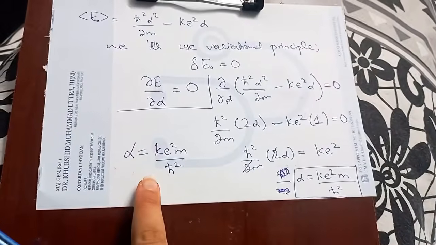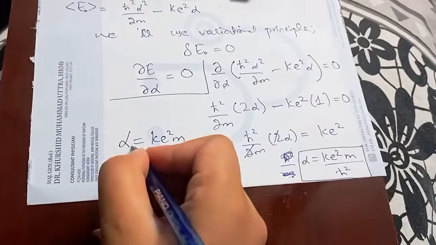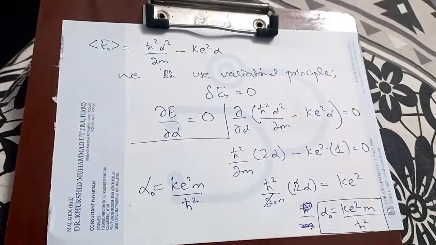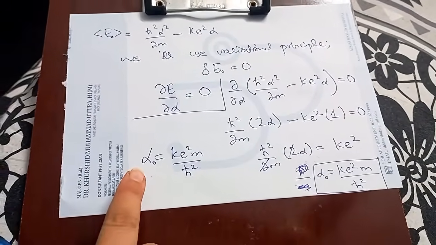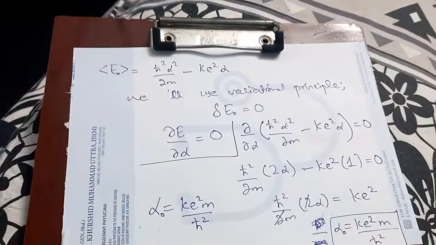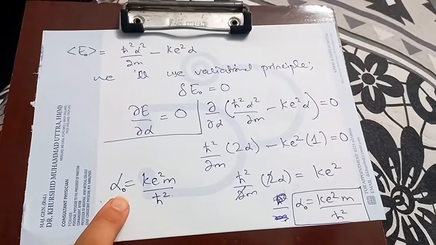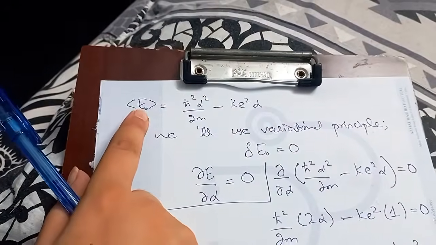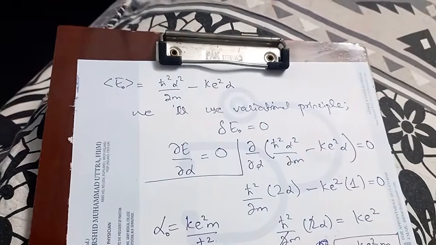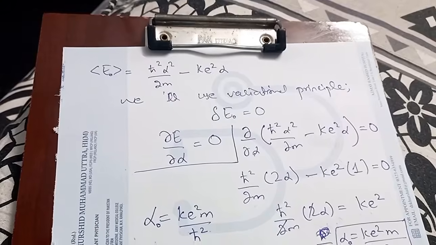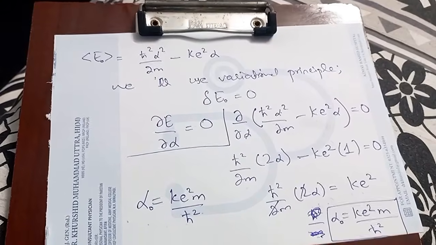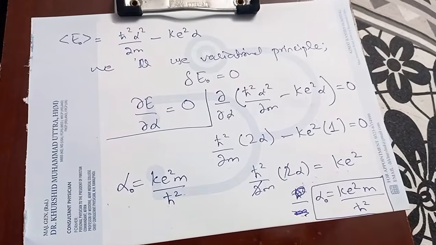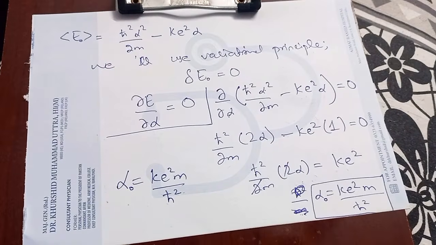Now to get the ground state energy, this is the value of alpha naught, we can say, where the E is minimum. This is the value of alpha where E is minimum. So I wrote alpha naught here. Okay, minimization of this energy E gives us the closest possible answer that we can get for the ground state of the hydrogen atom using this method.